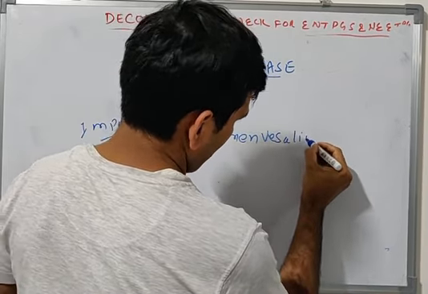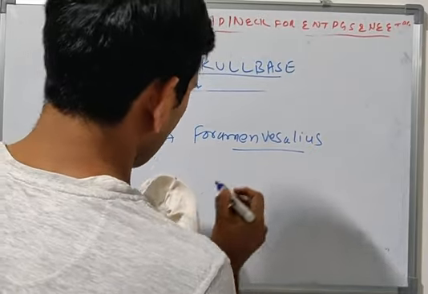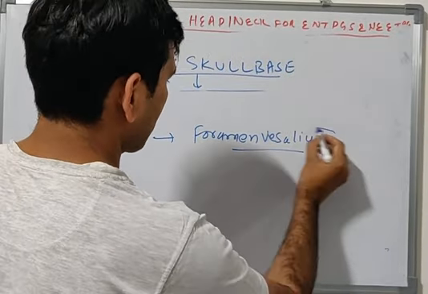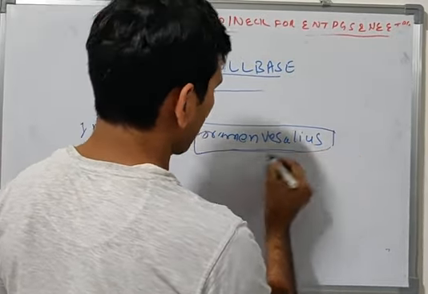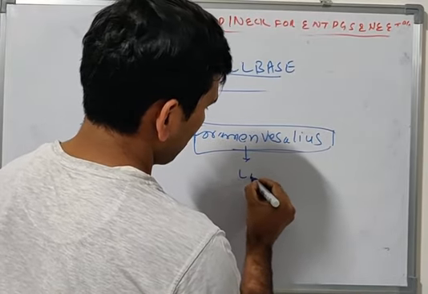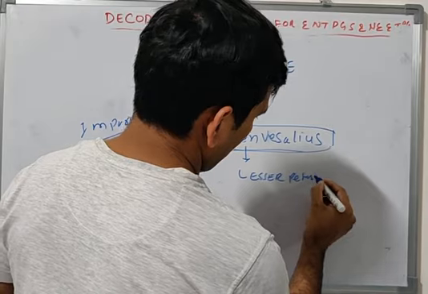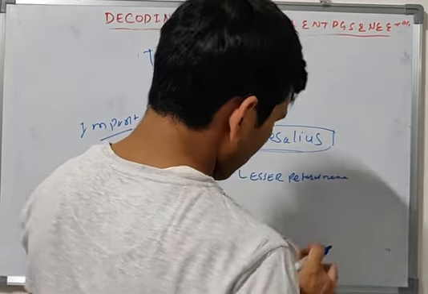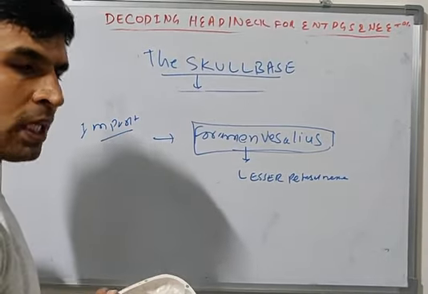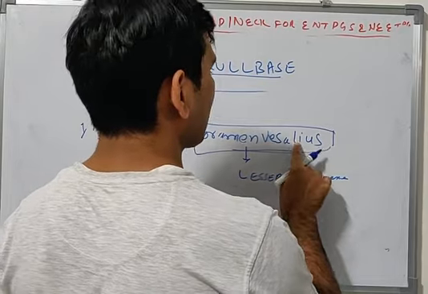In between foramen ovale and spinosum, sometimes there is one foramen called foramen spinobasilis. If it is present, mostly it is not, the lesser petrosal nerve passes through it. Then this nerve is not passing through foramen ovale, it passes through the foramen basilis if present.